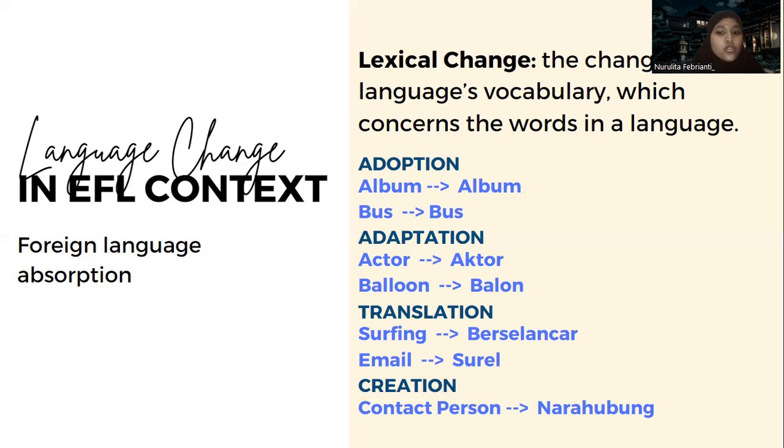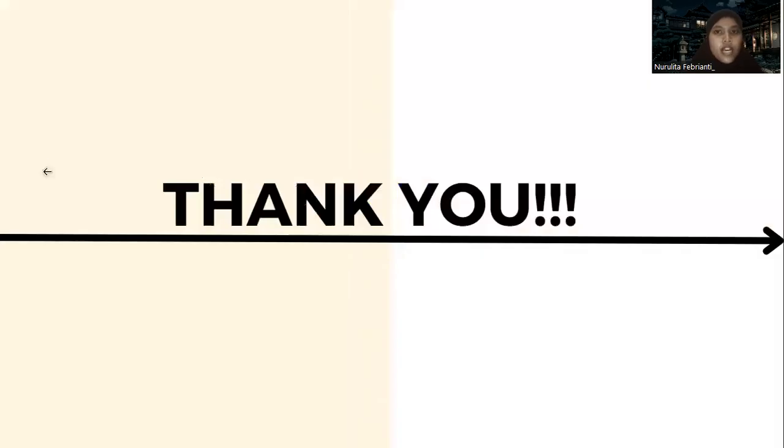So we take a word from one language and create a new one. It has the same meaning, but the way you write it and say it is very different from the second language that we took for our first language. I think that's all from me.